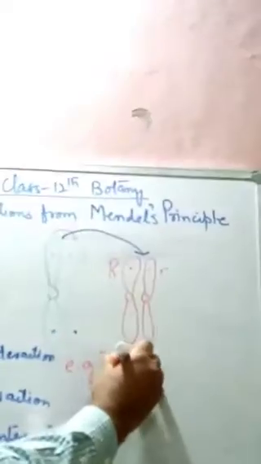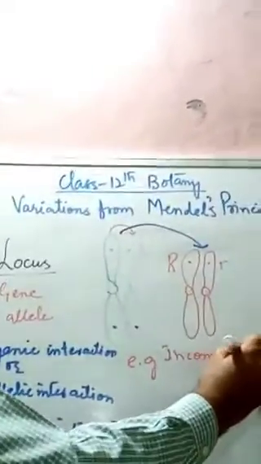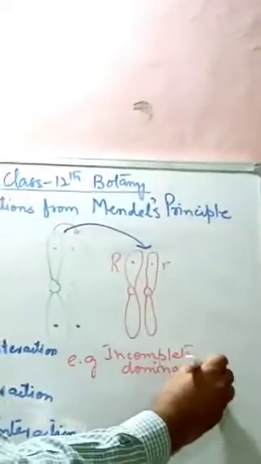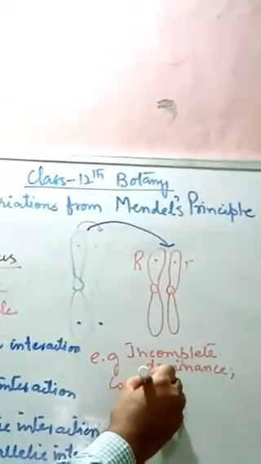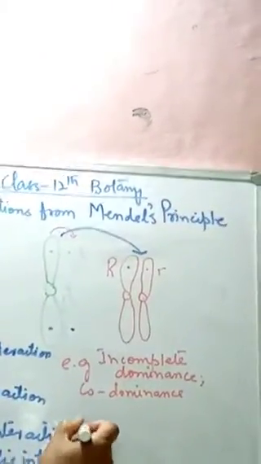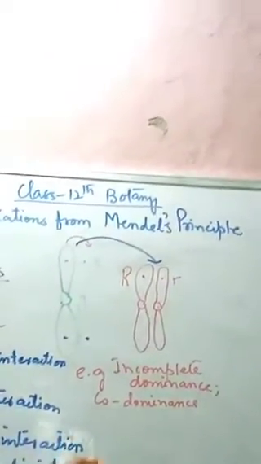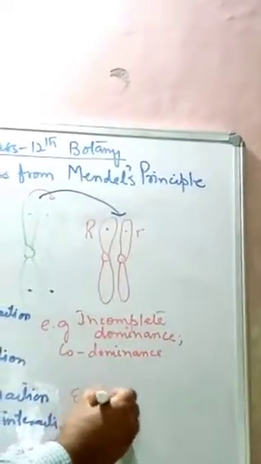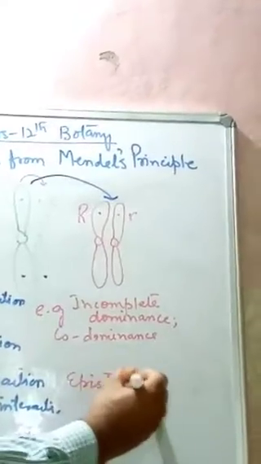We have some examples for intragenic interaction: incomplete dominance or codominance. For intergenic interaction, we have epistasis, or polygenic inheritance.